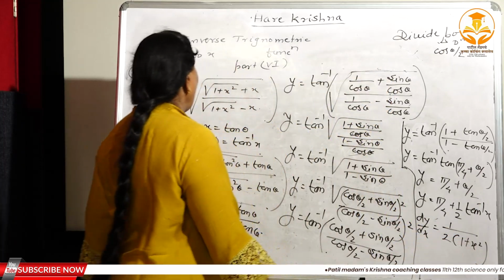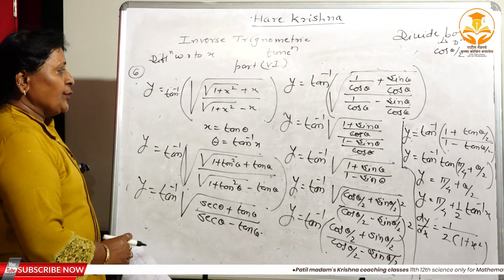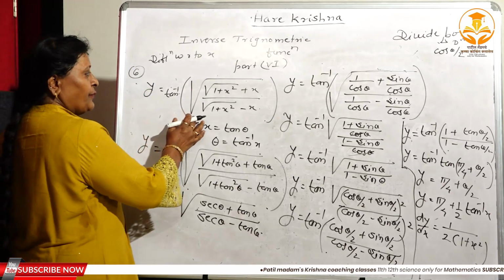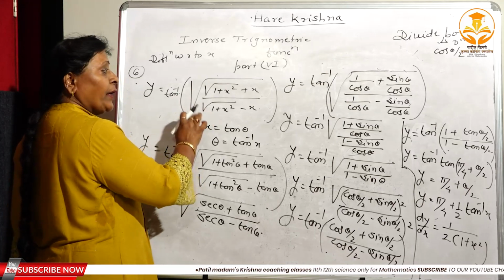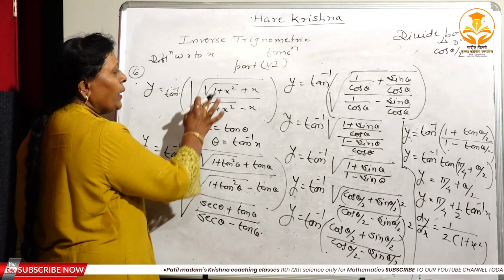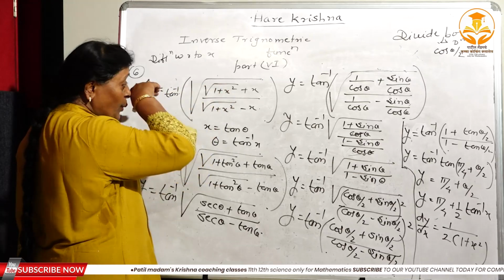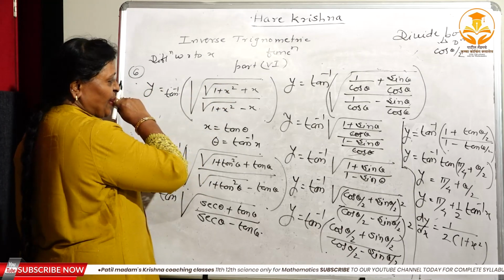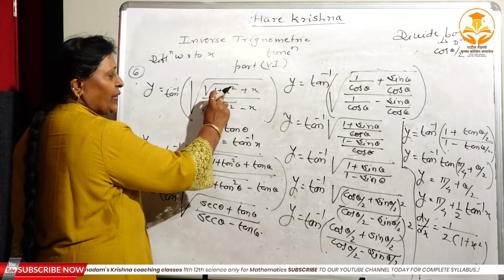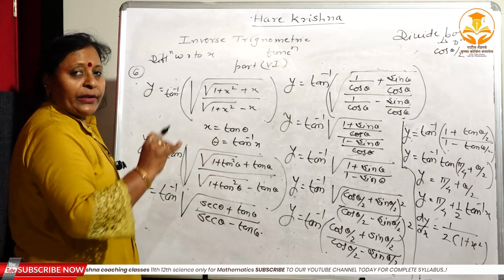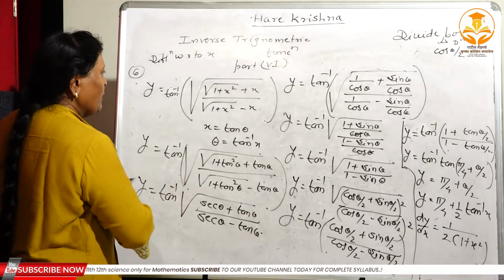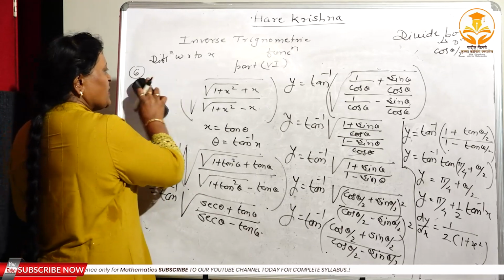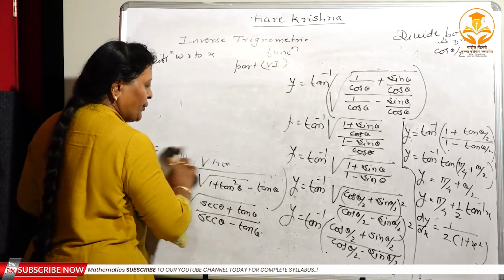So this is the result, and this is the sixth unusual one, right? Don't get confused. Though there is a root within a root, there is no need to panic. Here 1 plus x square, you know what you have to do. When you substitute x is equal to tan theta, you will get the square term in the root, and you can take that term out of the root, and the problem gets simplified and easy for you, isn't it?